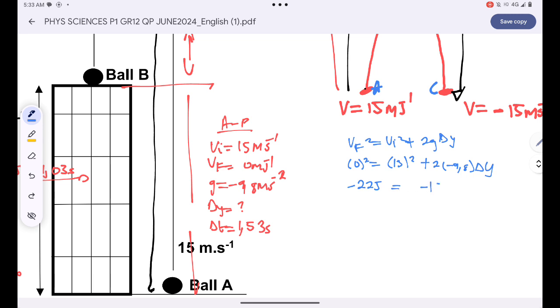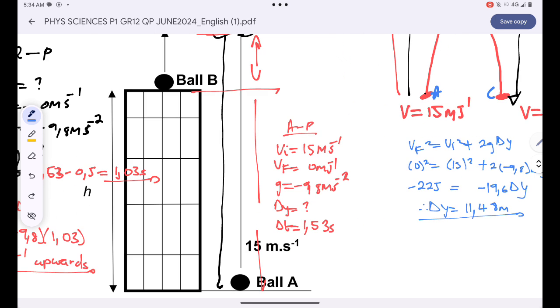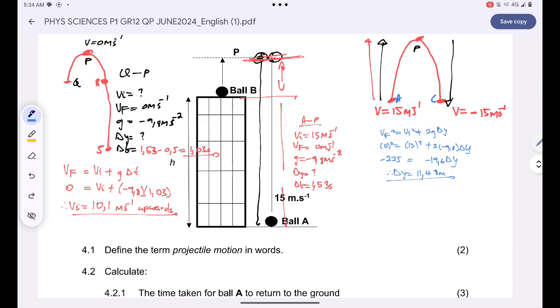This is equal to negative 19.6 delta Y. So my delta Y will simply be negative 225 divided by negative 19.6. I'll simply get a height of 11.48 meters.